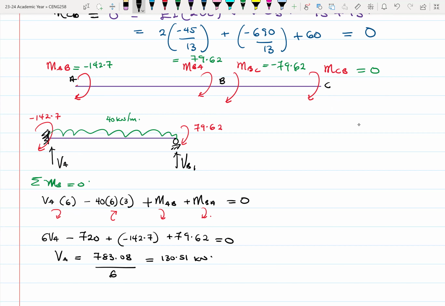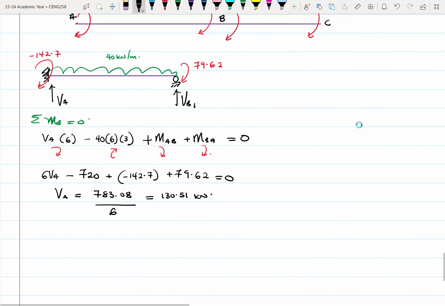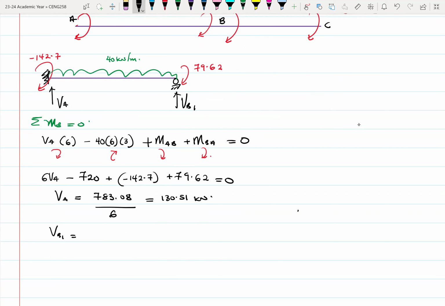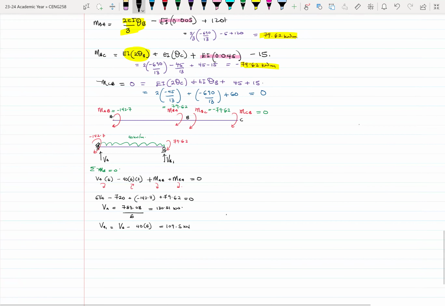So our VB1 will be equal to VA minus 40 times 6. This will give us 109.5 kilonewtons.